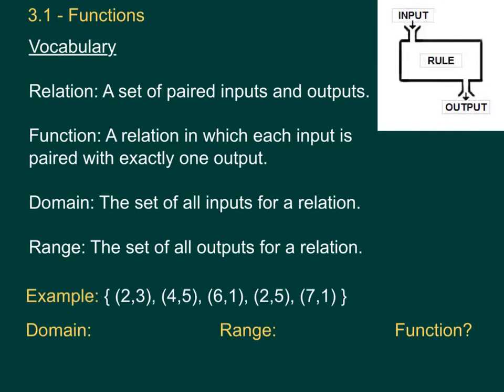So the most obvious way to show a set of paired inputs and outputs is to use ordered pairs, where the input comes before the output. And so we have 1, 2, 3, 4, 5 ordered pairs here, and the 5 of them comprise a relation. Now, we don't know exactly what the rule is for the function or the relation every time.